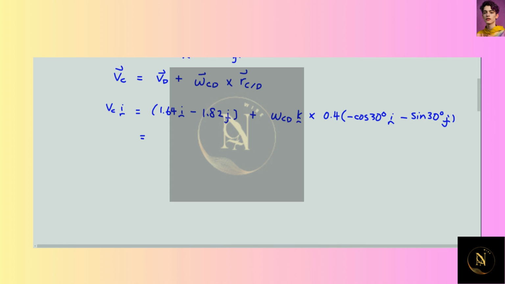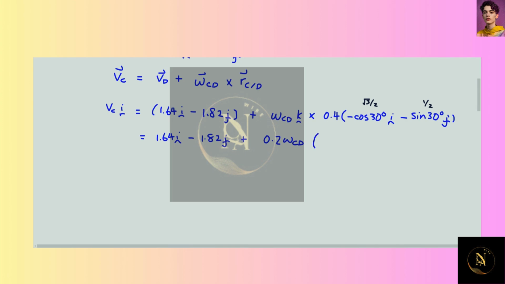So this is equal to 1.64 i minus 1.82 j plus 0.2 omega CD. Recall that cosine 30 degrees is root 3 over 2, and sine 30 degrees is half. The half multiplied with 0.4 gives 0.2, and omega CD comes from the omega CD vector.